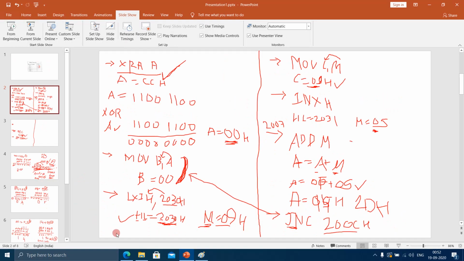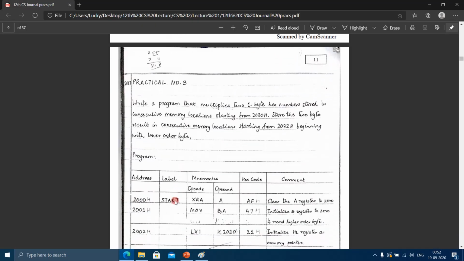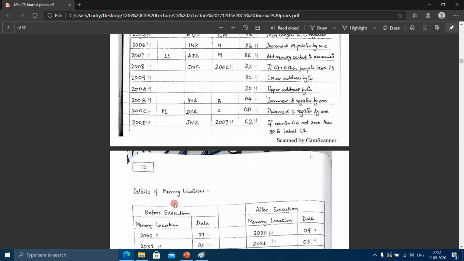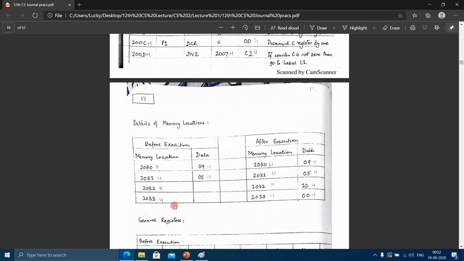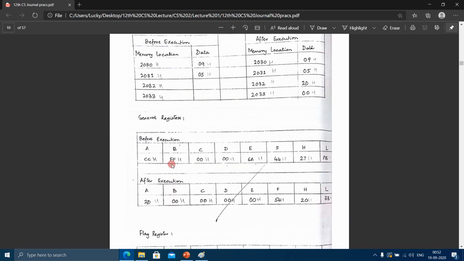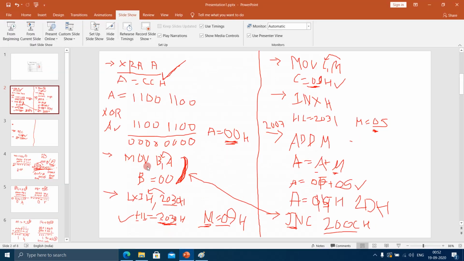Initially, when we don't execute any program, by default, what is there in B register? There is FF. So we'll have to make the B register 00. That's why we have used this MOV B, A. After making contents of A equal to 00, we'll copy the contents of A into B, which will make B equal to 00.